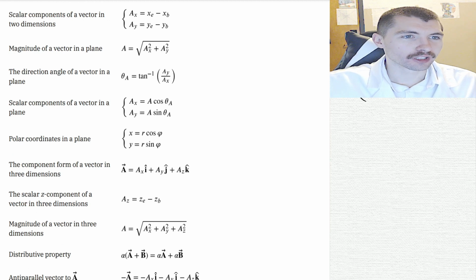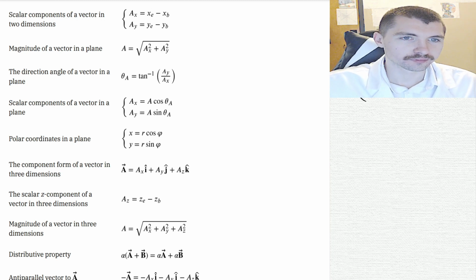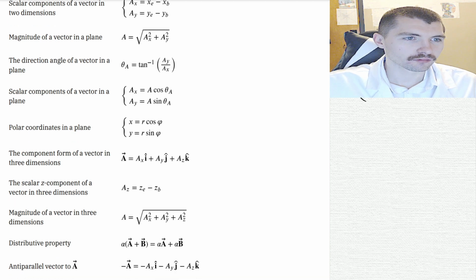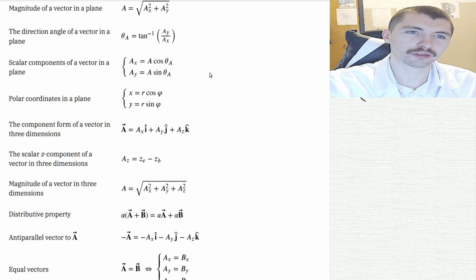So, direction angle of a vector on a plane. Okay, so this is probably an important one.